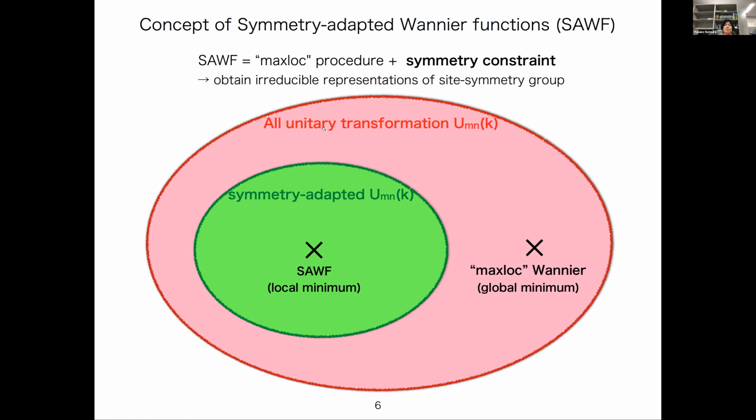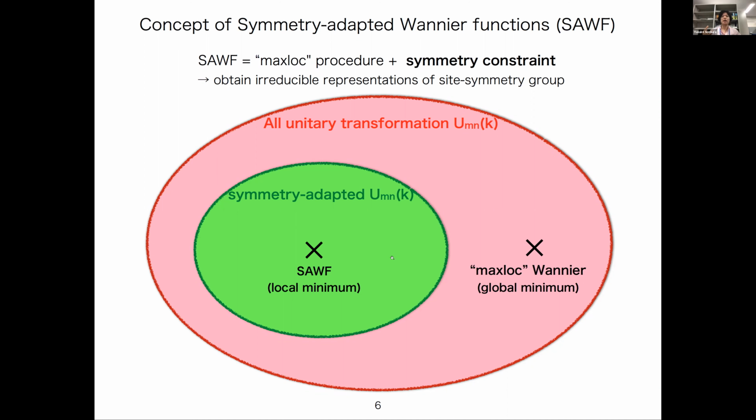In the maximally localized Wannier functions, we try to find the global minimum of the spread from all possible unitary transformations, right?